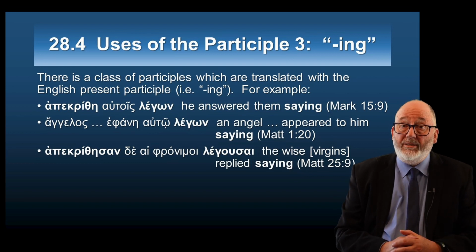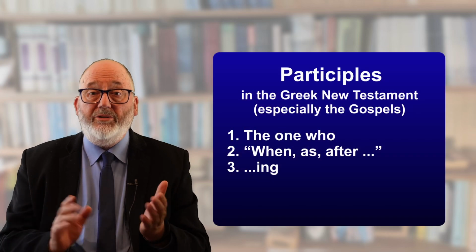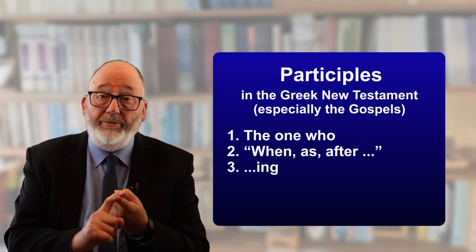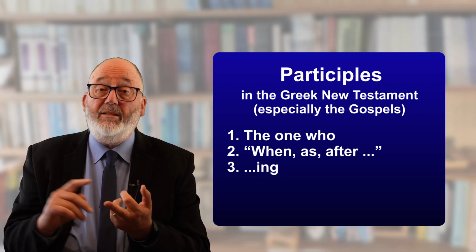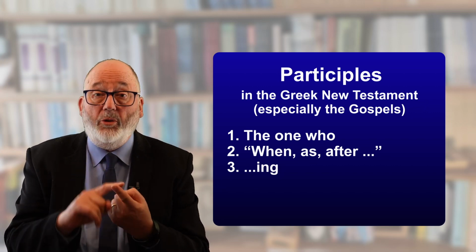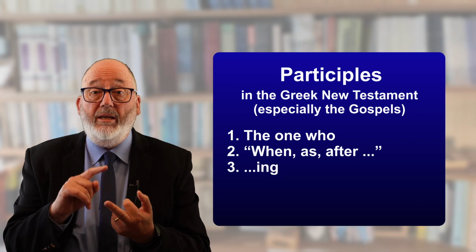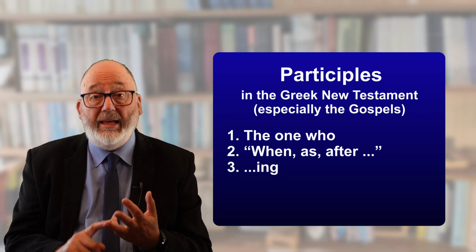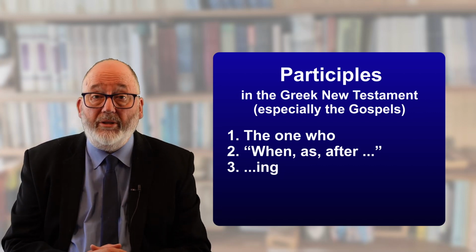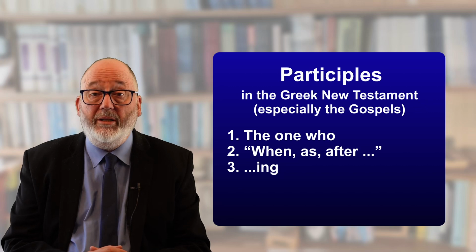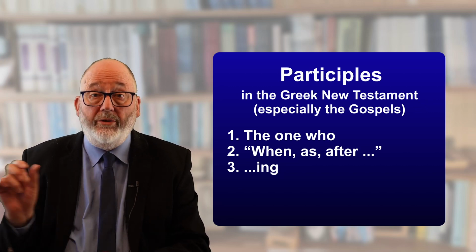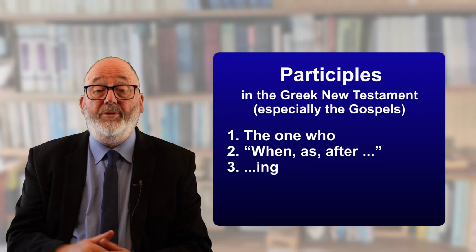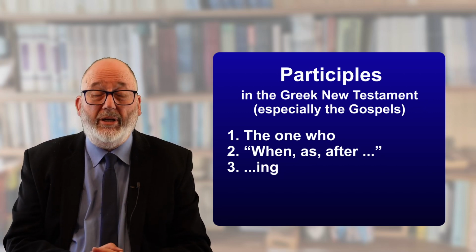If you put the English present participle in the sentence, you can sometimes figure out what is going on. Now, in the Gospels, the three translations: first of all, the one who; secondly, the adverbial use with reference to time, when, while, as, after; and -ing. These will cover pretty much most of the participles you will meet, especially in the Gospel of John, where the one who, the article plus the participle, is a very frequently found construction.